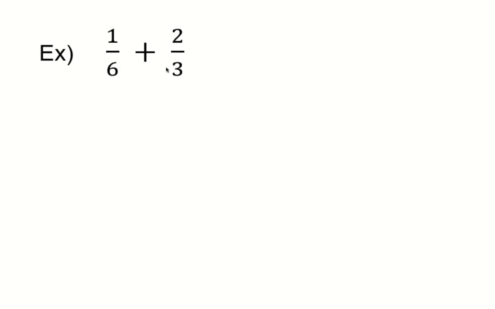Now this does not have the same denominator, so you have to multiply in order to make them the same denominator. All I've got to do is change this 3 to a 6. I can leave the 6 alone because I can multiply by 2 to make that into a 6. Now remember the rule: you can't just do that multiplication. It's not really allowed.